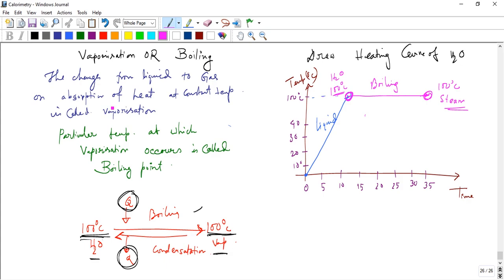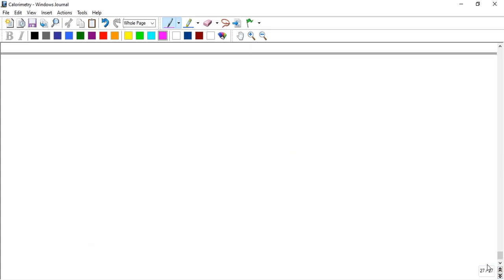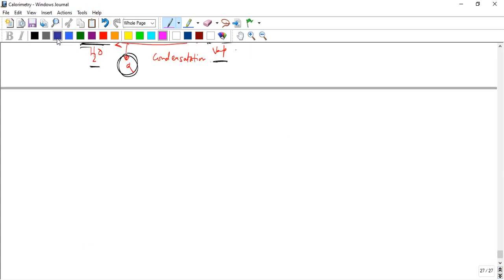Now, some factors affecting the boiling. The first is the effect of pressure on the boiling point.